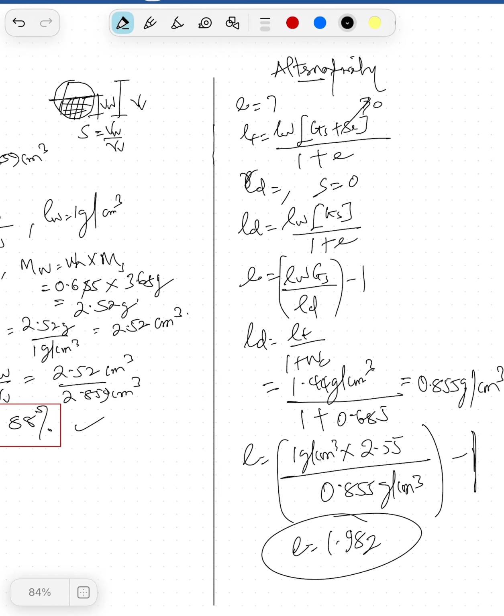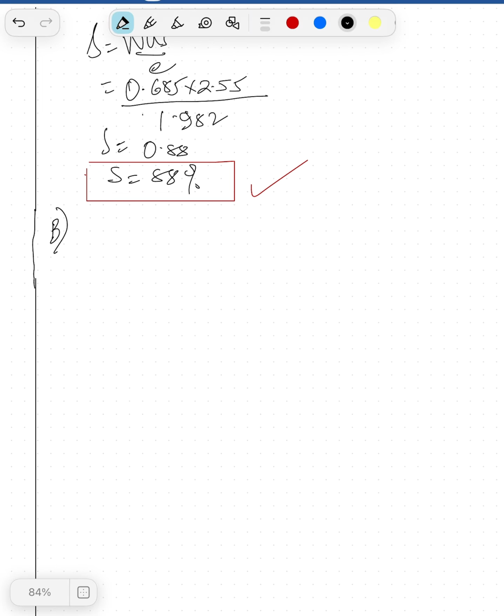If the soil becomes saturated, what does that mean? It means that we find the total density and water content when S equals 1.